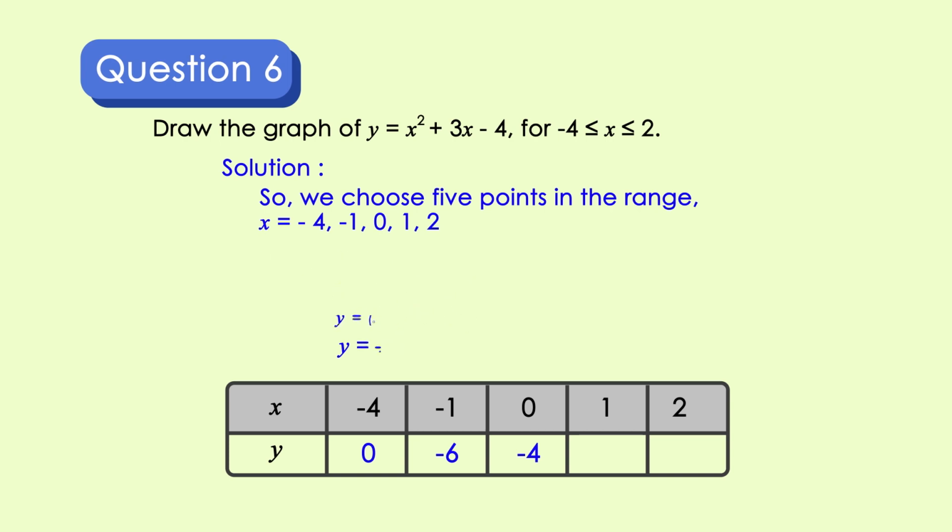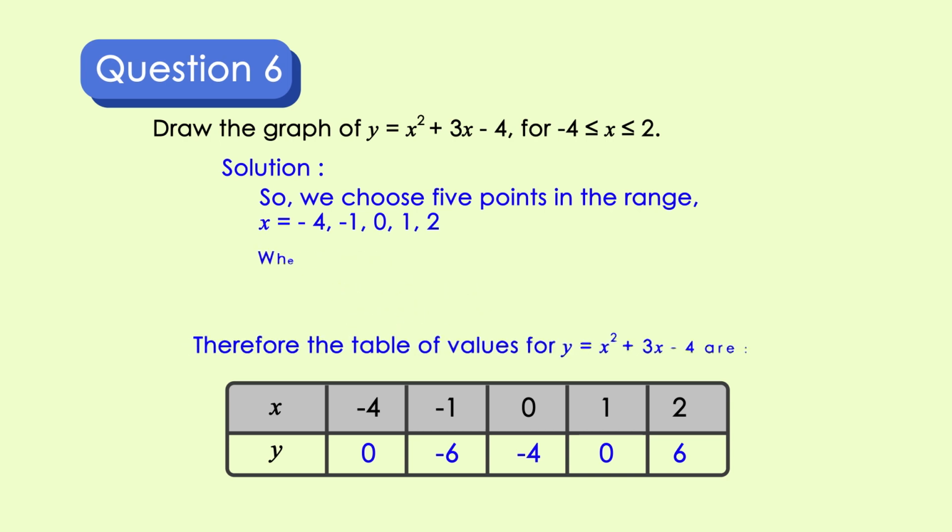Next, we substitute x equals 1 into the equation, and we will get y equals 0. When x equals 2, then y equals 6. Therefore, the values for y equals x squared plus 3x minus 4 are as shown.